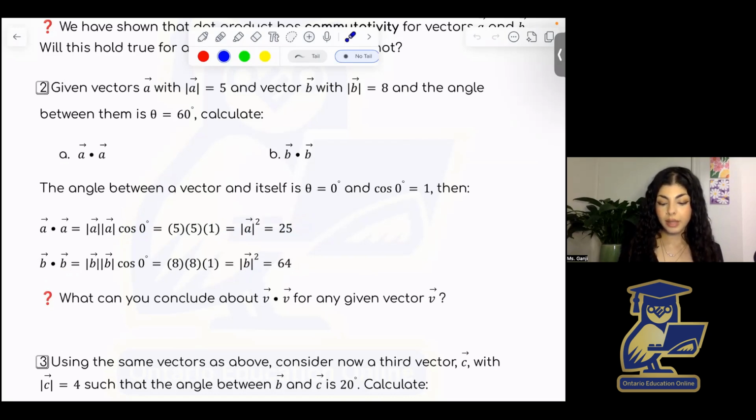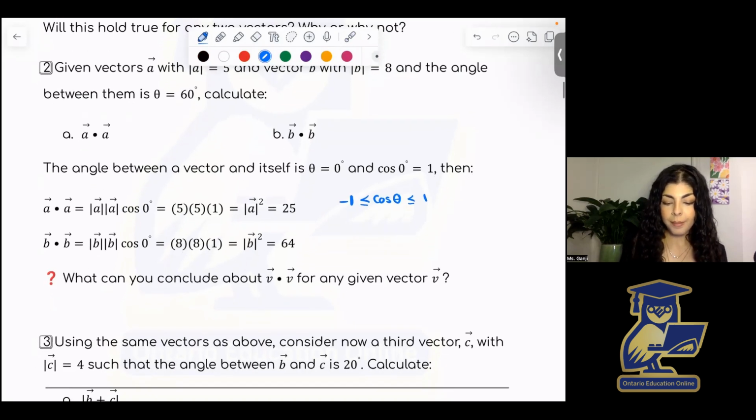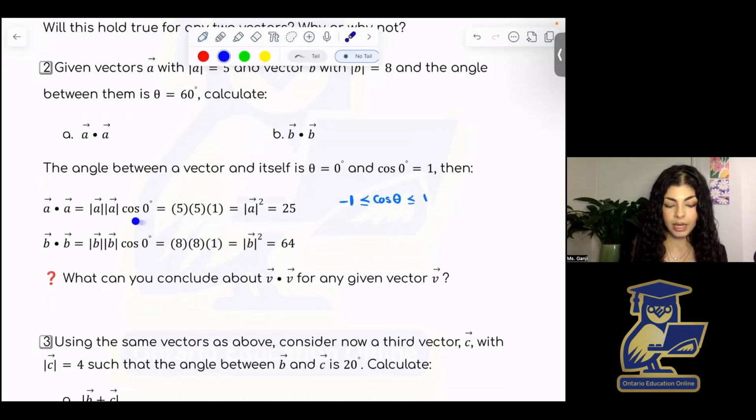And this is actually the maximum value of the dot product that you will see here for A, because remember, cosine of theta as a whole is between -1 and 1 inclusive. But specifically, because we're looking at the angles between 0 and 180 degrees, in this case cosine of 0, which is equal to 1, gives us the maximum value here for the cosine.